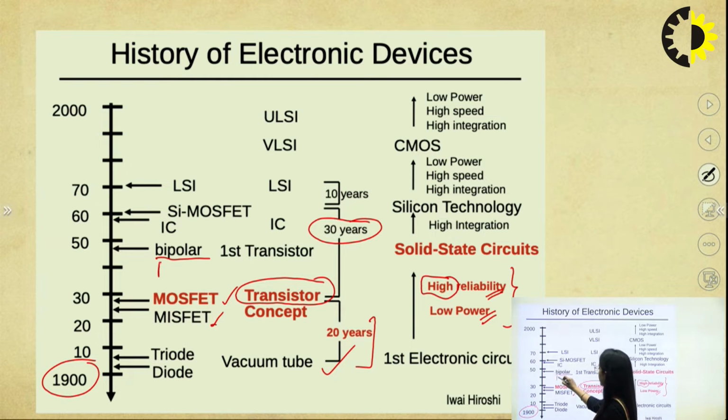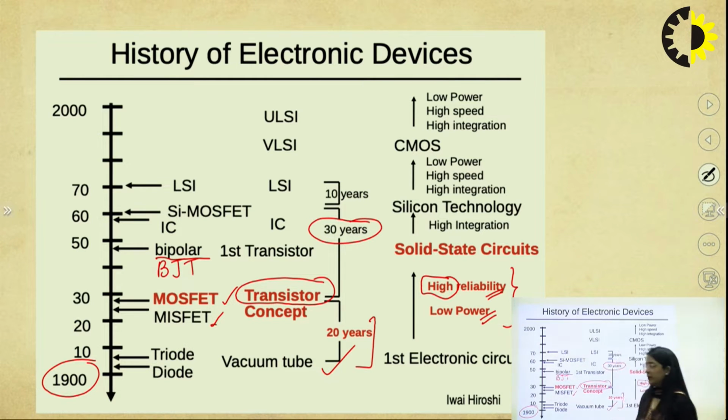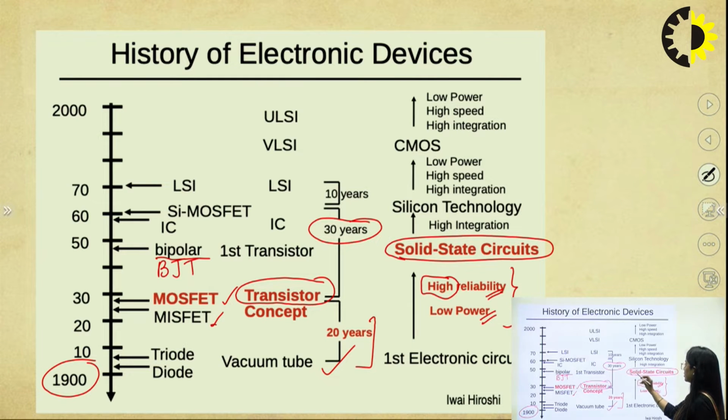So, we have bipolar junction transistors, BJT. When we realized bipolar junction transistors, we said it is the era of solid state circuits.